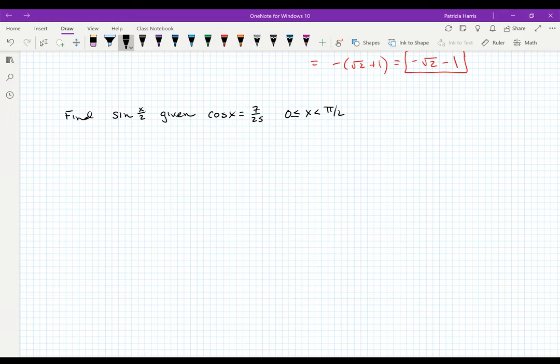Okay, so this one is not too bad because we're already given cosine, and since we're in quadrant 1, we know that it's going to be positive.